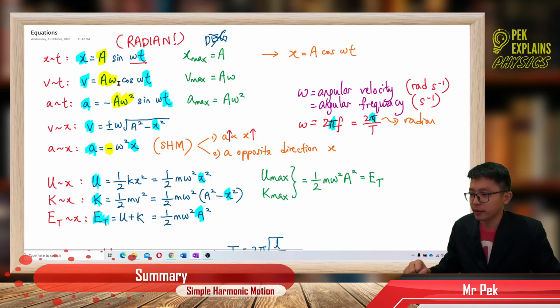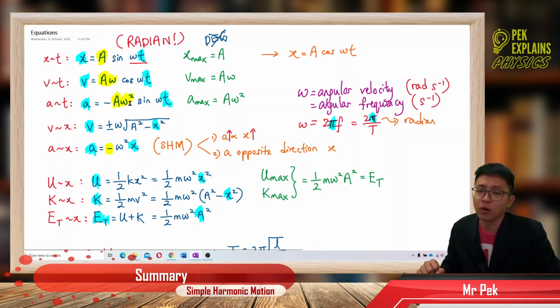Besides that, I want you to notice here, in front we have A. This is the maximum displacement, the amplitude.